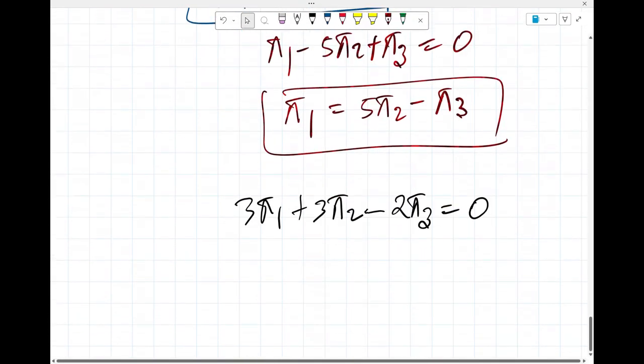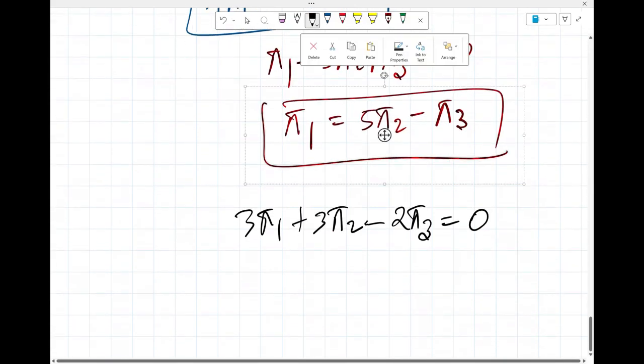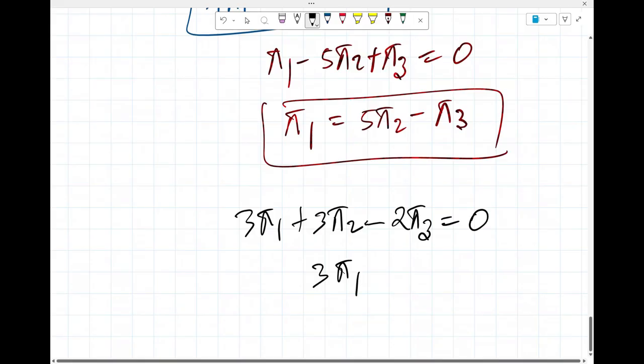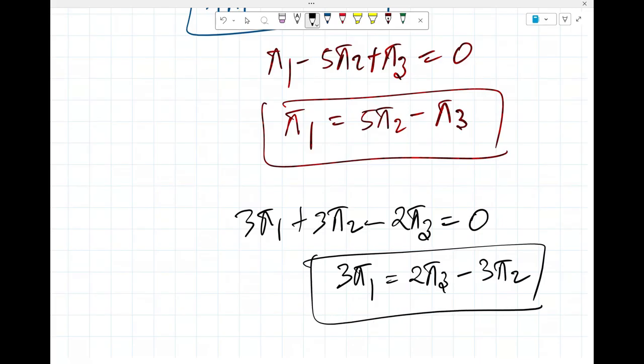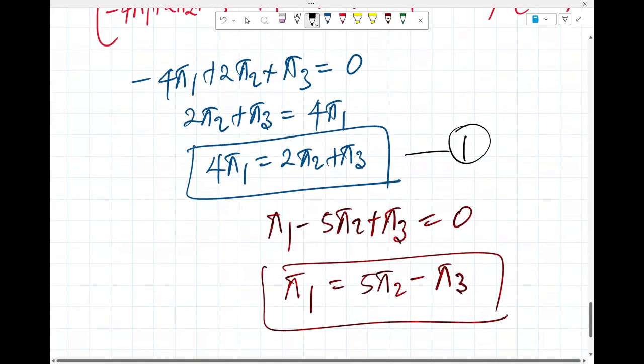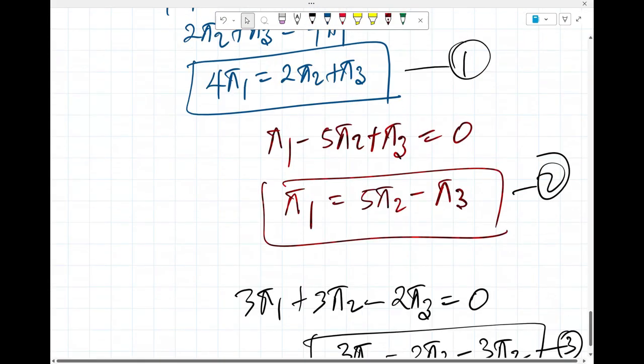So we can also say 3 pi 1 is equal to 2 pi 3 minus 3 pi 2. I can pick any two simultaneously. So if this is equation 1, this is 2, and this is 3, we can then solve simultaneously.